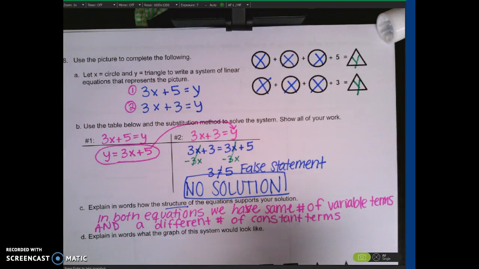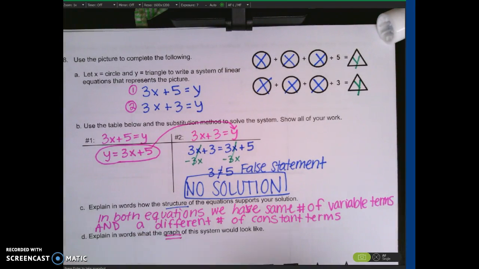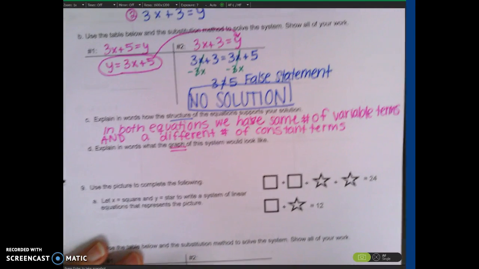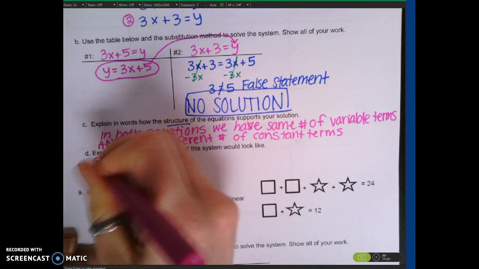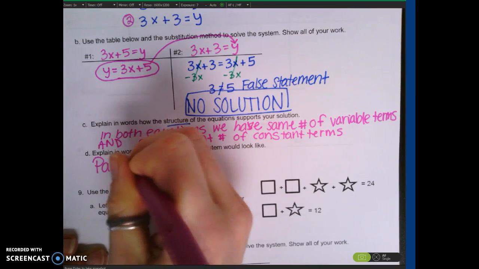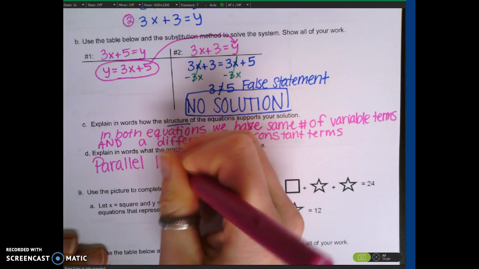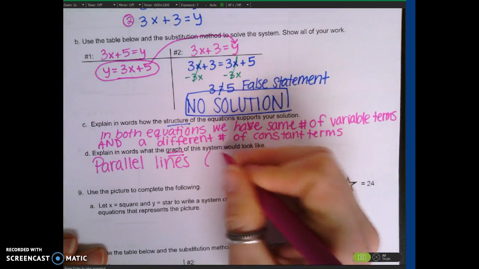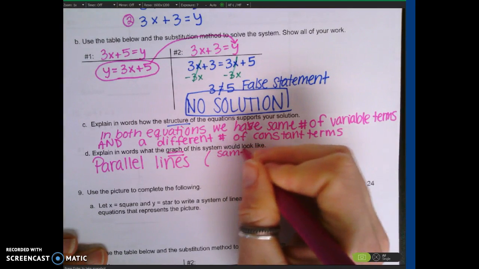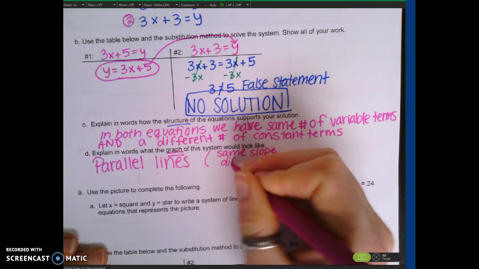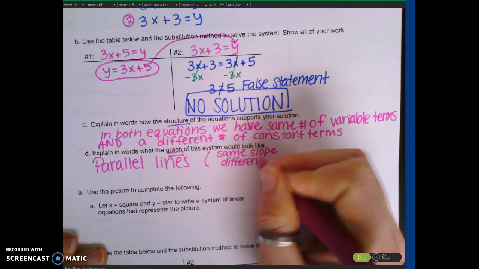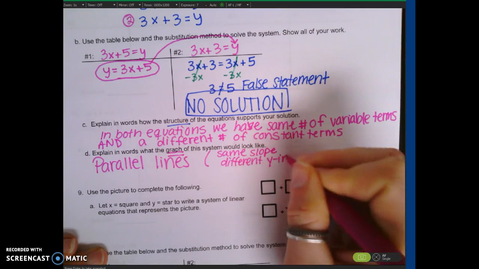So what do you know about the graph if we have the same slope and different y-intercepts? You're right again. These are going to be parallel lines. Why do we know they're parallel lines? Same slope, different y-intercepts.